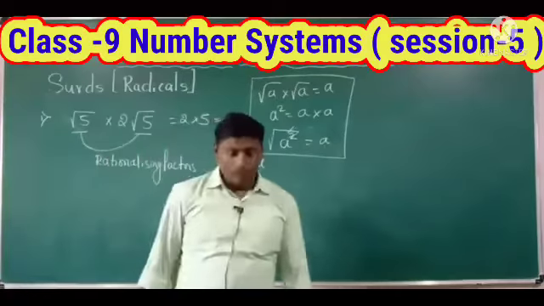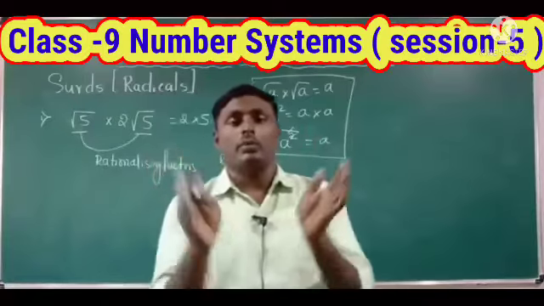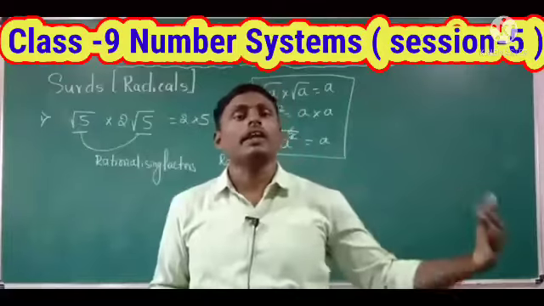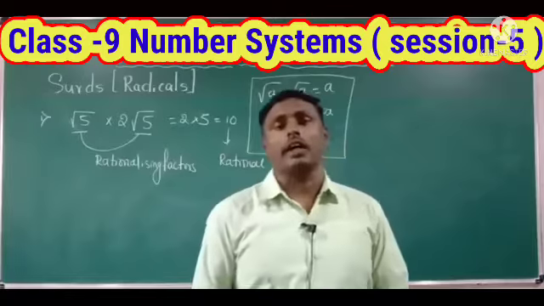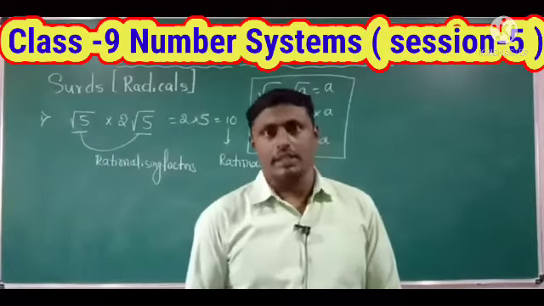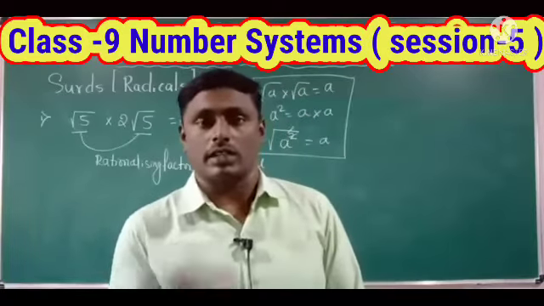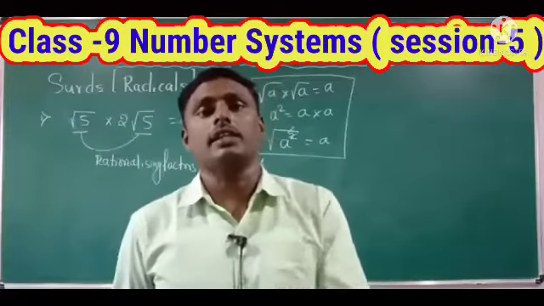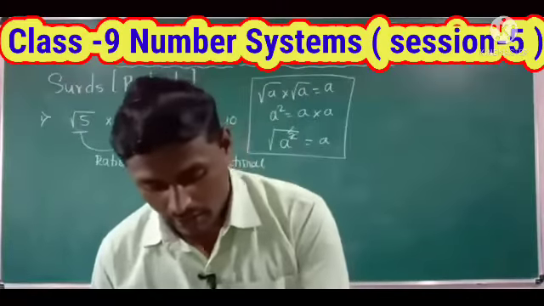So rationalizing means the product of two irrational numbers. When we multiply the irrational numbers, we get a rational number, and that process is called rationalizing. The involving irrational numbers are called rationalizing factors, and the product or resultant is called a rational number. Okay, next one.